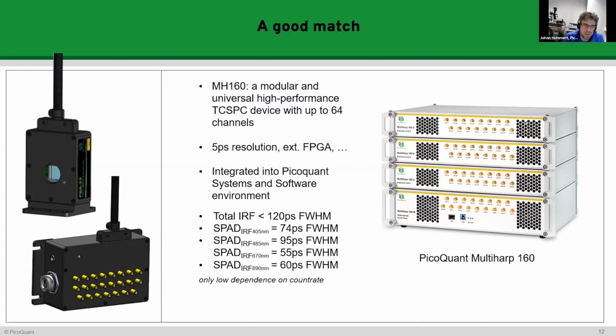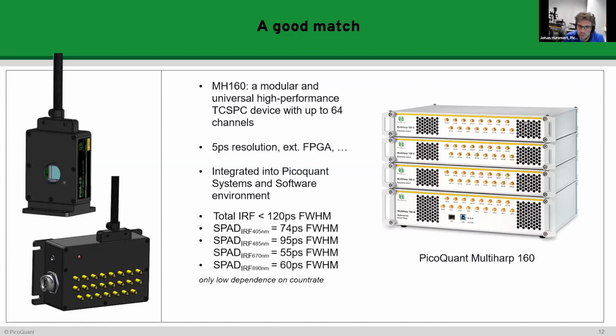Of course, in this case, with the 23 channel detector, typically we would use the 32 channel MultiHarp, which then combining the detector and the MultiHarp gives us very good timing performance, 5 picosecond resolution, and a total IRF, excluding the laser, of sub 120 picoseconds.